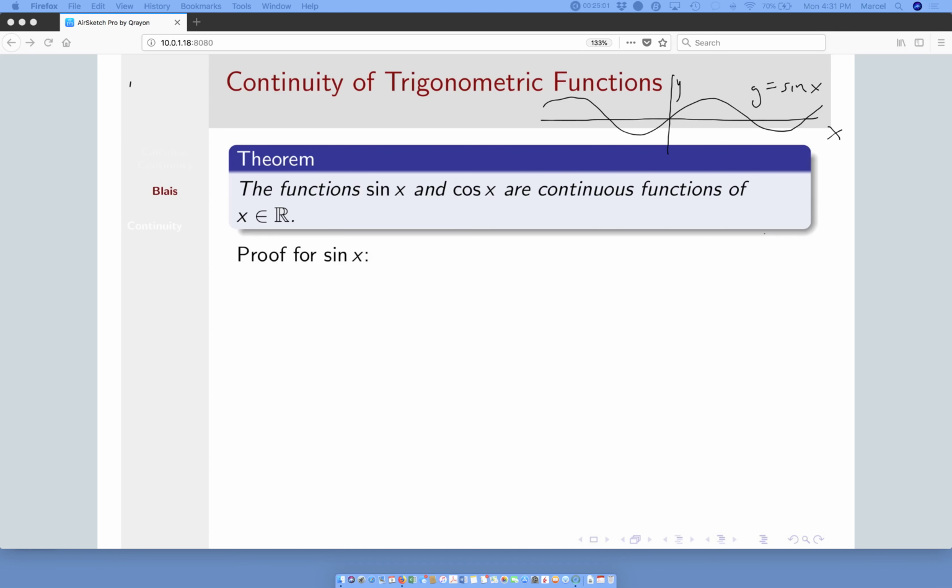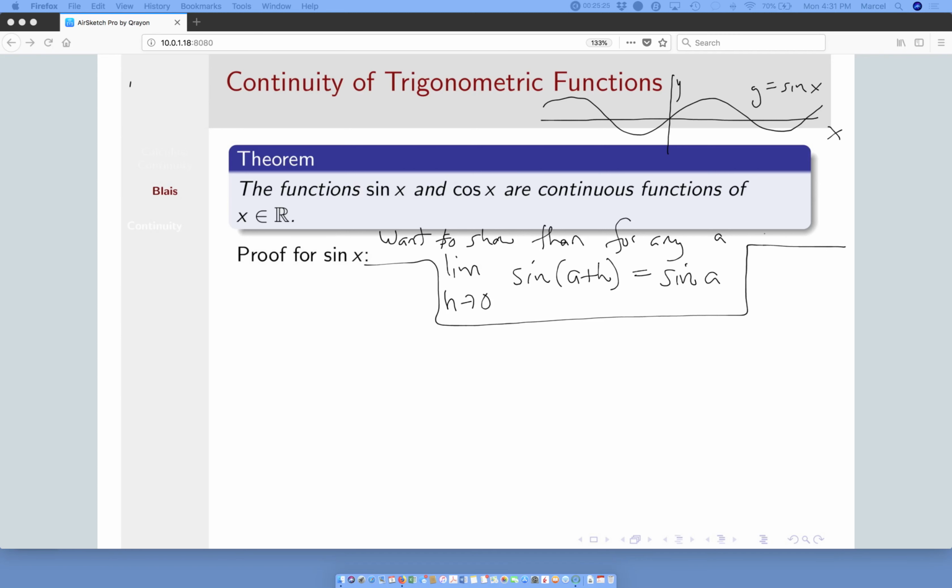To show this for sine of x, we want to show that for any a, the limit as h goes to 0 of sine of the quantity a plus h equals sine of a. If we can show that, that will suffice to show that sine of x is continuous at a, but then because a was arbitrary, it's continuous at every value a.